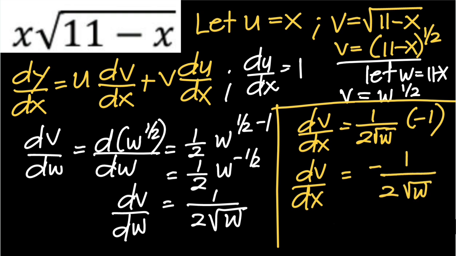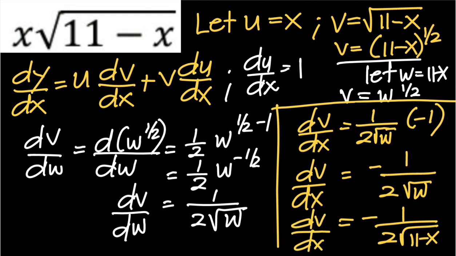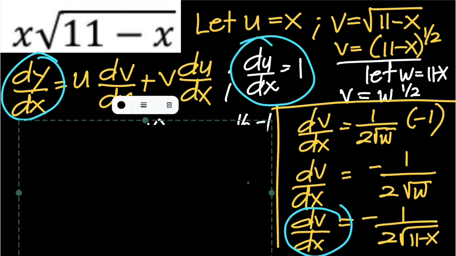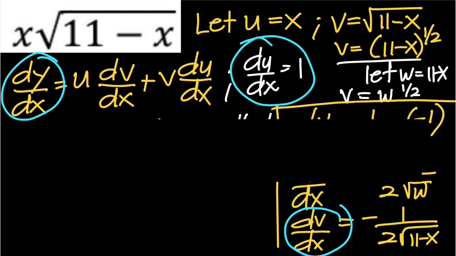And then we plug back the value of w because we let w as 11 minus x. Therefore, dv over dx is just equal to negative 1 over 2 the square root of 11 minus x. So this is our dv over dx. Now we already have du over dx and dv over dx. So now we can solve for dy over dx. We just plug in everything.